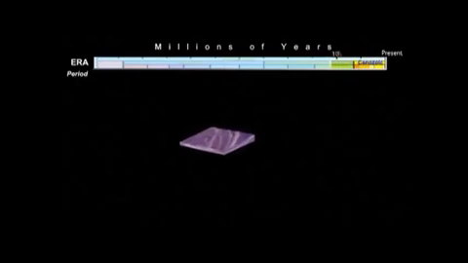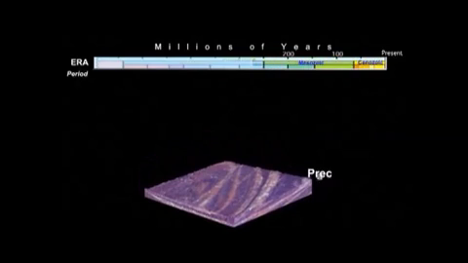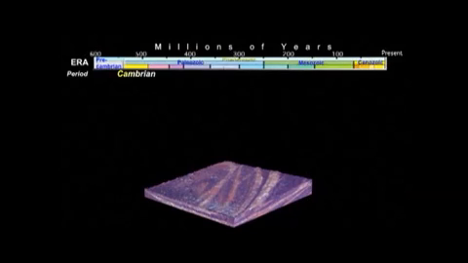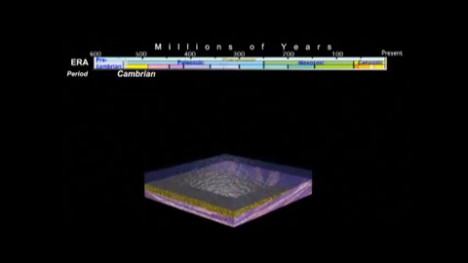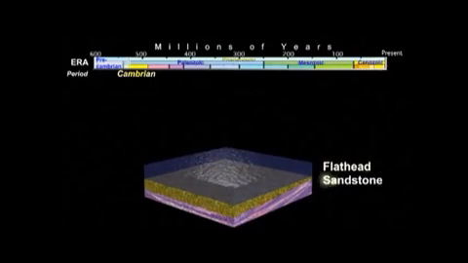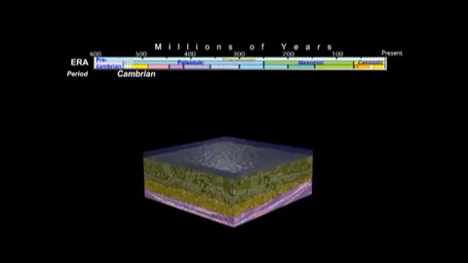Bighorn Canyon began as a vast granitic plain, made up of rock over 2.5 billion years old. During the Paleozoic Cambrian period, about 500 million years ago, the sea invaded, depositing the Flathead sandstone. As yet, erosion in the canyon has not exposed this layer.